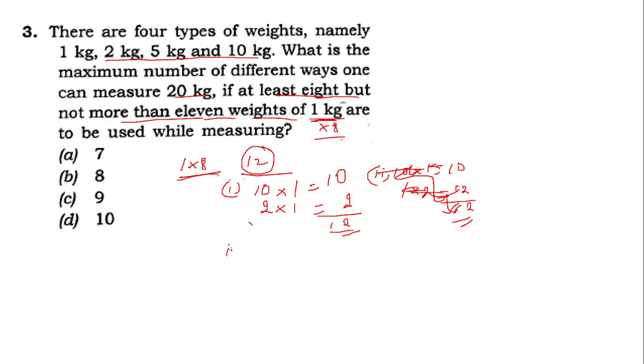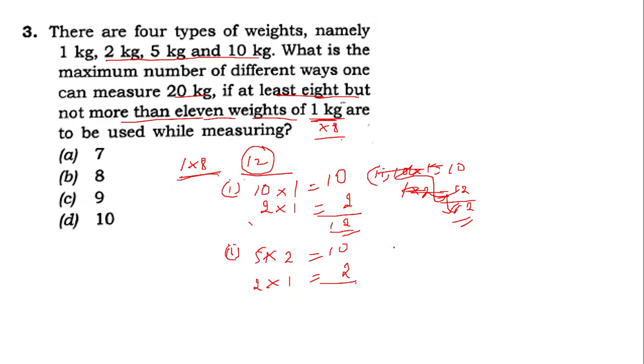Let us look at the second way. What if I take 5 kg? 5 kg into 2 gives me 10, and 2 kg into 1 gives me 2. This is another possibility. This is the second way of doing it: 5 kg into 2 plus 2 kg into 1.